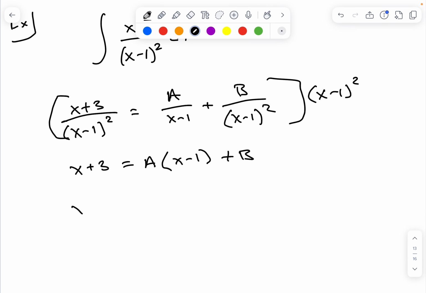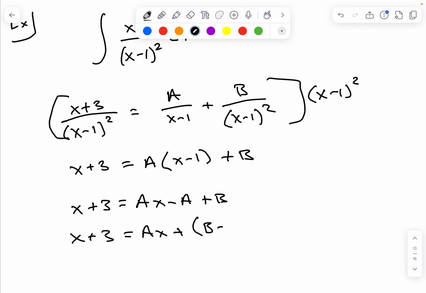So I get x plus 3 is equal to Ax minus A plus B, and then x plus 3 is equal to Ax plus B minus A, just to keep everything positive.